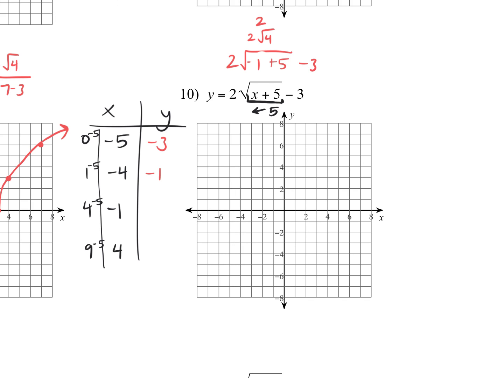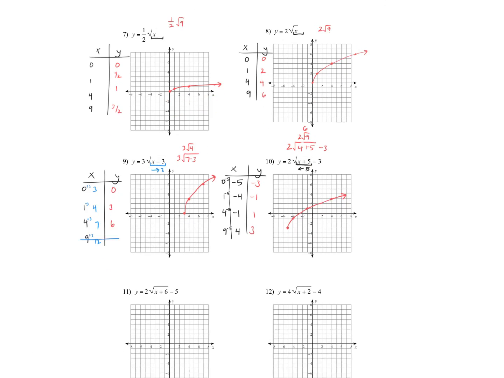Oh wait, I made a mistake somewhere. Oh, positive 1, sorry. Okay, and then the last one, if I plug in my positive 4, 4 plus 5 is 9, and then 2 times the square root of 9, that would be 6. So 6 minus 3 is 3. So now I can just plot these points and connect my square root curve with an arrow on one side.